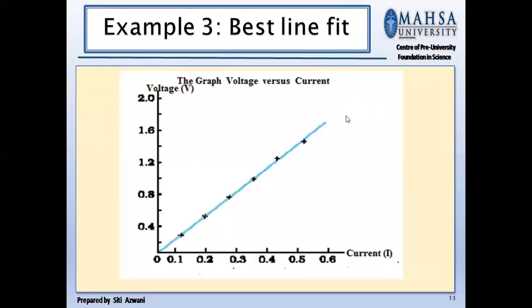Example 3, if your data lies on this side, it's okay, you just draw straight from the origin and you get the best line fit. Here you can see we use a cross to plot the data, don't use a dot.